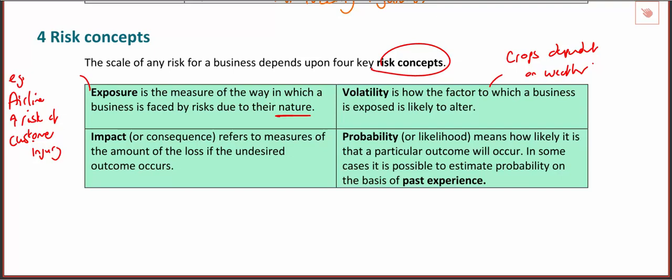Impact is going to give me the amount. So what am I actually going to lose out on if the risk comes to fruition? And then probability says, well, based on past experience, how likely is this to happen? So although airline risk in terms of customer injury is absolutely there, past experience probably says that it's relatively low risk.